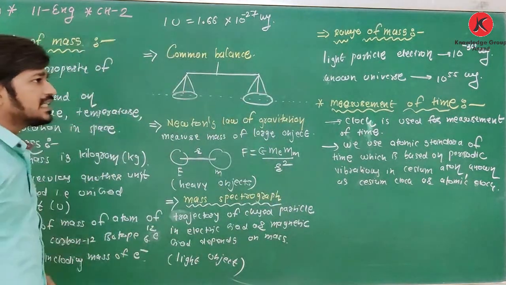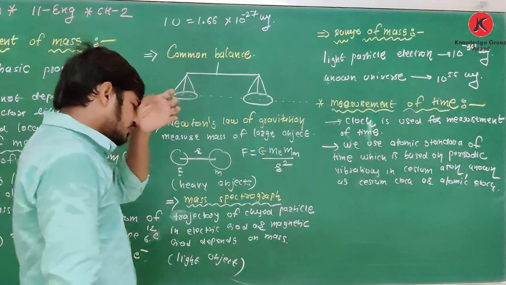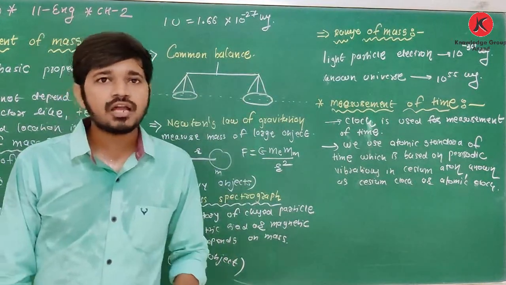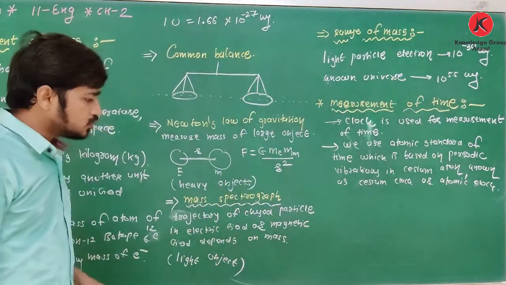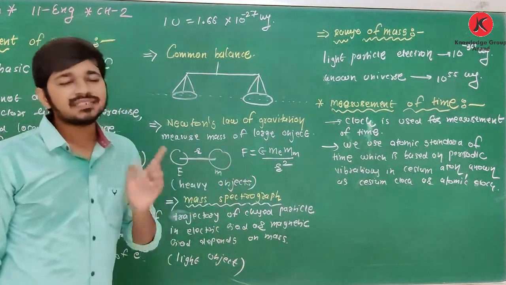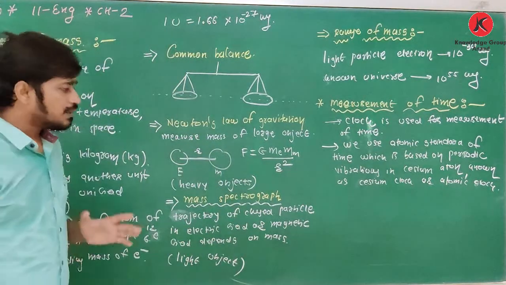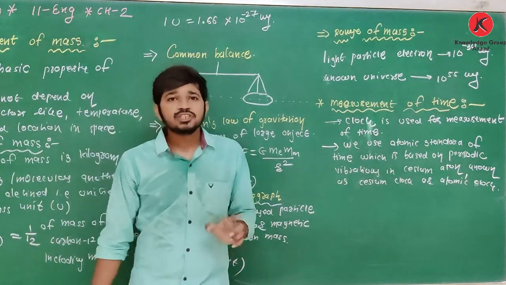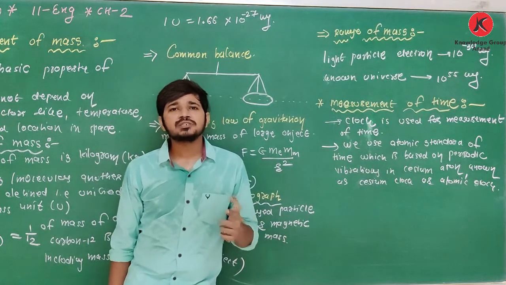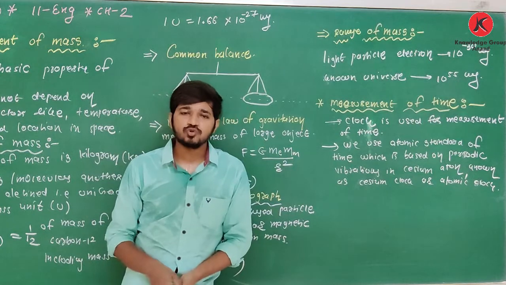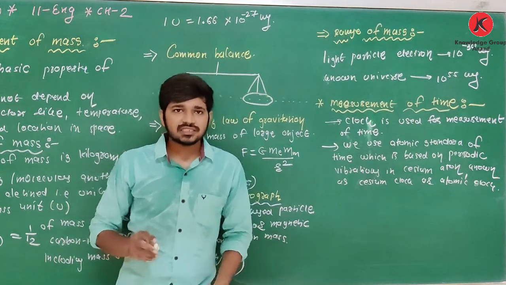So what is second? Yes, second is the time needed for 9,192,631,770 vibrations of radiation which is produced due to transition between two levels. So yes, this thing you have to remember.